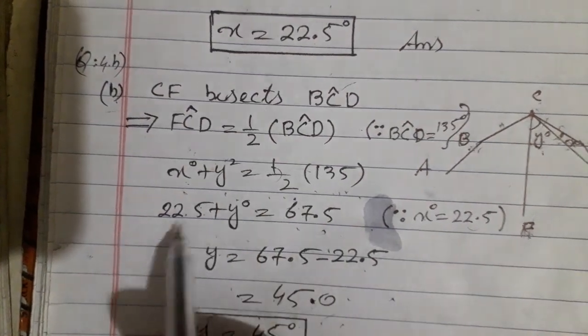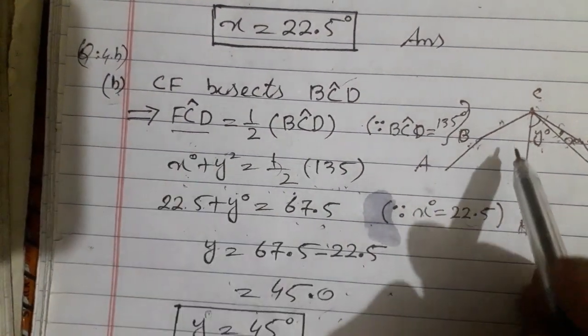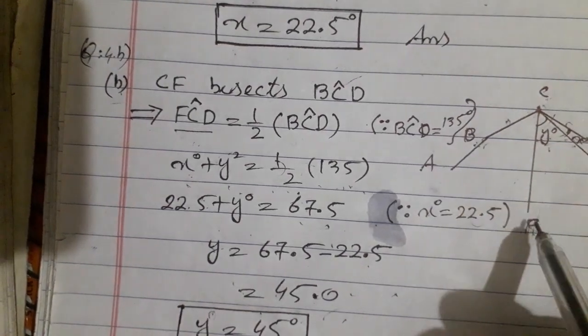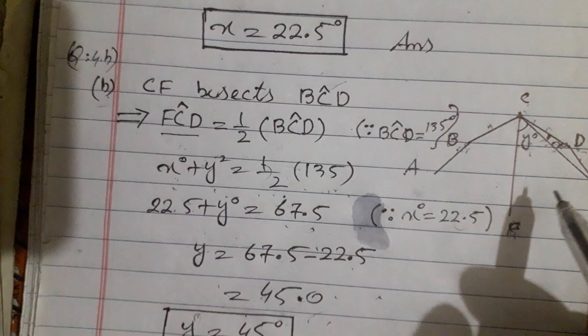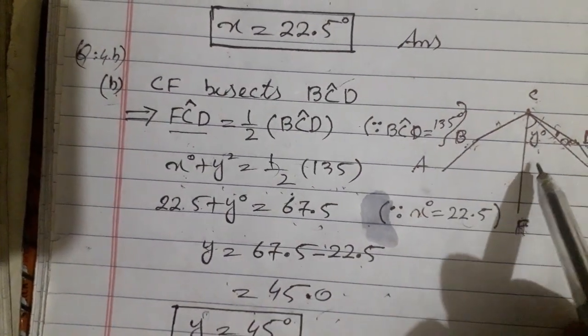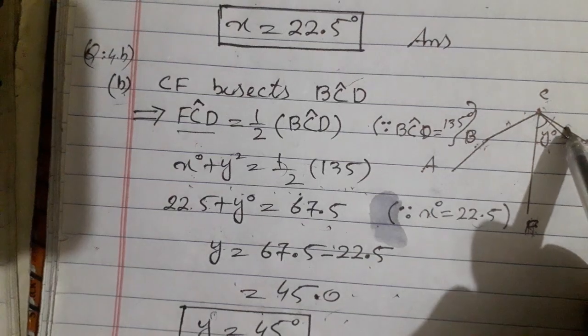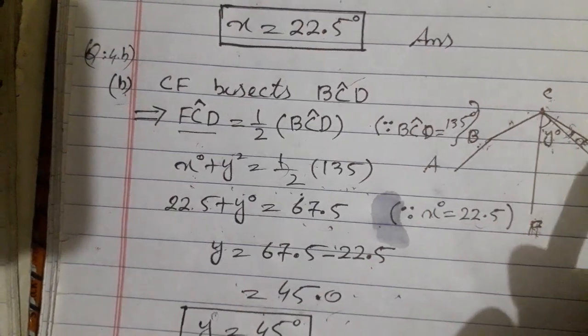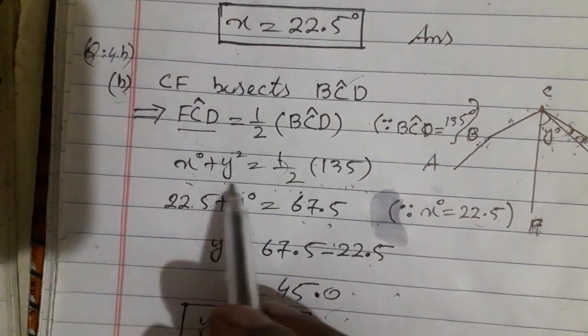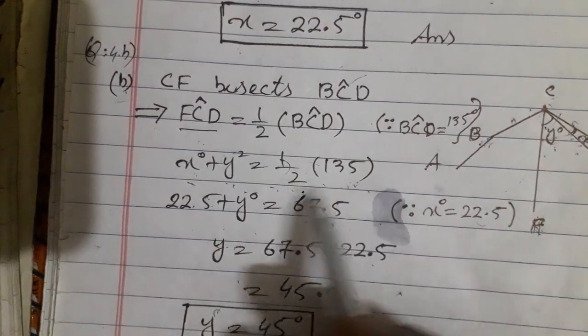As FCD is equal to X plus Y. This one is angle X, this one is Y. So X plus Y is equal to 1 by 2 into 135.